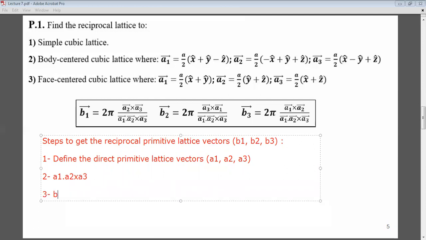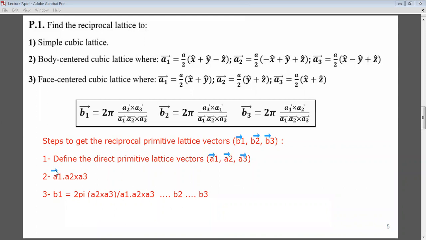Step number 3, you start calculating B1 from the formula 2 pi A2 cross A3 divided by A1 dot A2 cross A3, and you do the same for B2 and B3. You apply these 3 formulas over here. So these are all vectors. They have 3 components, not only 1 component. They are not integers.